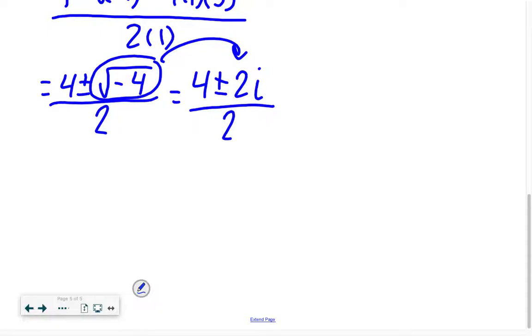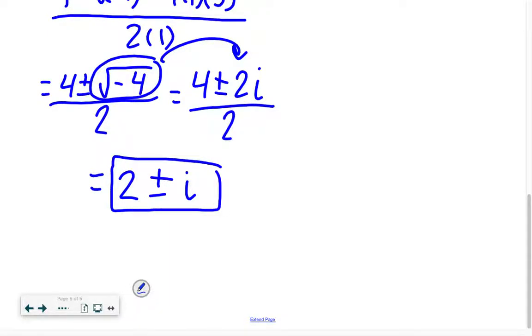When I break up my fraction, you're going to see that it simplifies. What happens to 4 over 2? 2 plus or minus what happens to 2 over 2? 1. So we just have 2 plus or minus i. You can leave plus or minus 1i, that's fine.